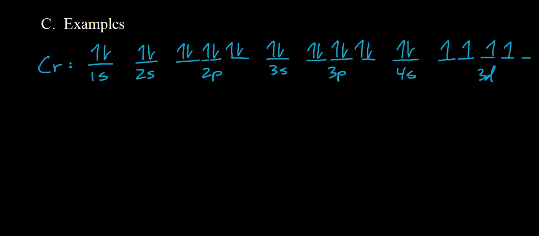If you take a look on page 120 in your textbook, you'll see that the 3d sublevel is really close in energy to the 4s. So here's what happens. This happens often, and again, you only have to know it for chromium and copper. But one of the electrons from the 4s sublevel actually moves to the 3d sublevel.